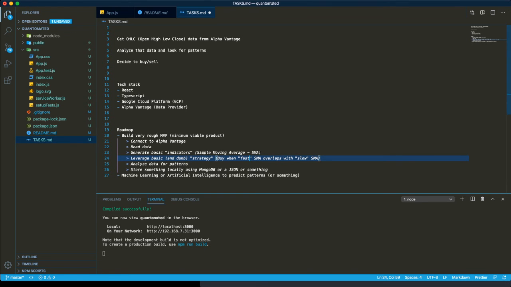Which I don't even know if this is the right way to say it. I don't know if it's slow over fast or fast over slow. I can't remember, but we'll figure that out. And then that's essentially the pattern. Oops. And then we'll store some hypothetical buy or sell locally. Somehow, we'll figure that out.